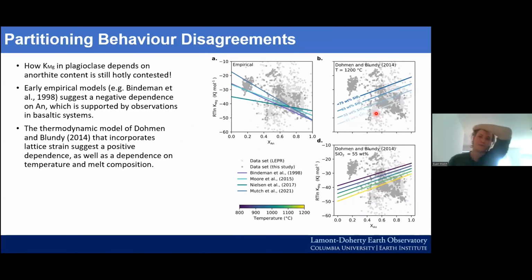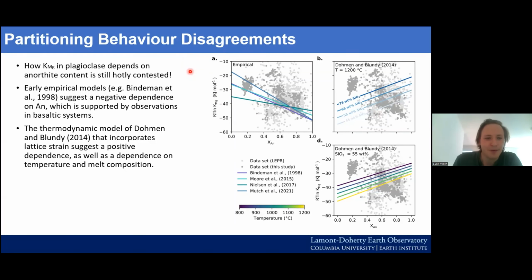Okay, so we want to know this A parameter to understand what the diffusion profile is going to look like, and what equilibrium profile it is going to drive towards. People have often linked this A parameter to the partition coefficient between magnesium and melt, and how this depends on the anorthite content. However, we still don't know very much about this, and it's still quite hotly contested.